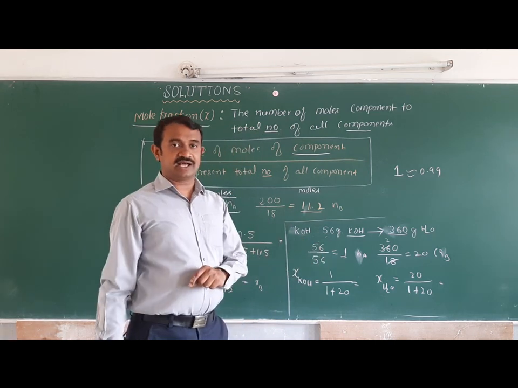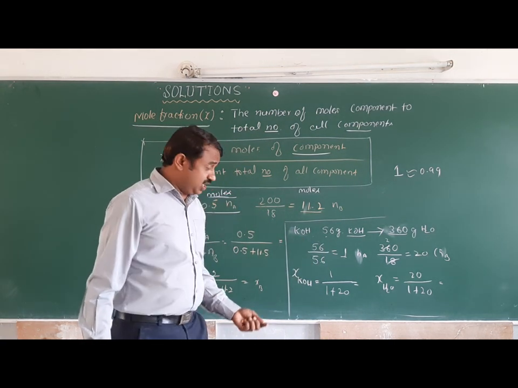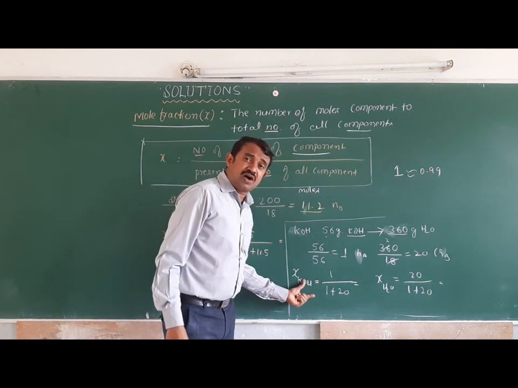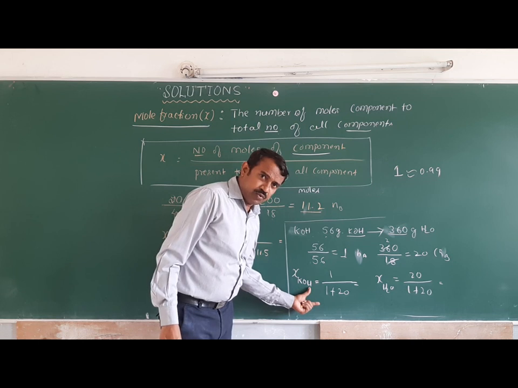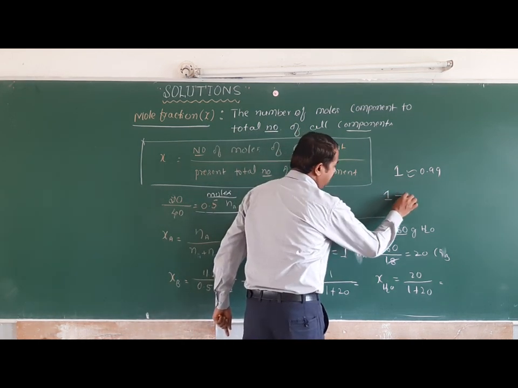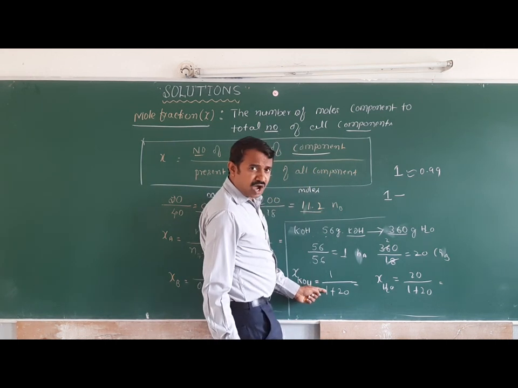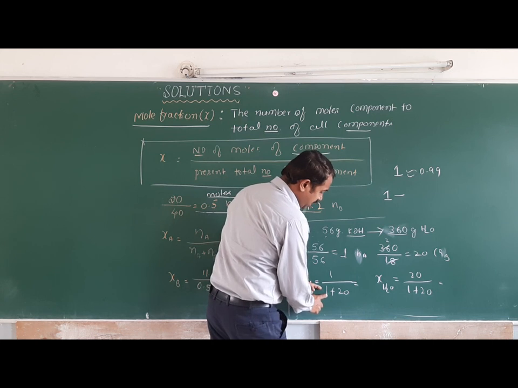Then only you will know it is correct. Or you can cross check: when we get the mole fraction of A, the mole fraction of B is 1 minus that value.